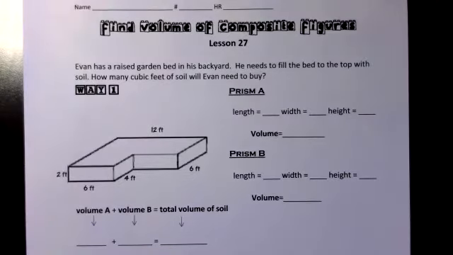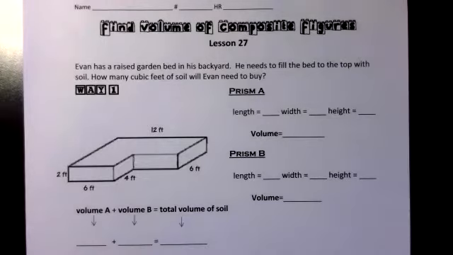So what we would need to do is use our knowledge about volume of rectangular prisms, and if we visualize it as more than one prism, find the volume of both, then we have the entire figure. So we're going to take a look at that here.